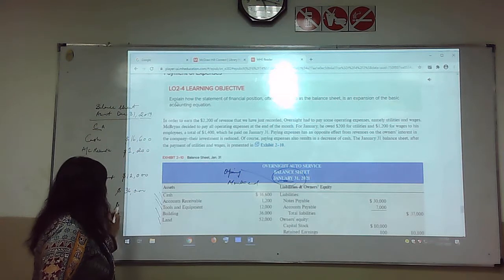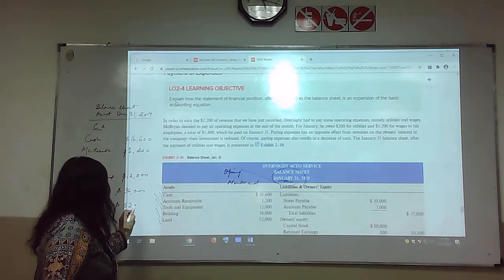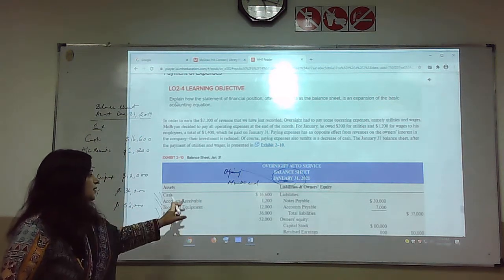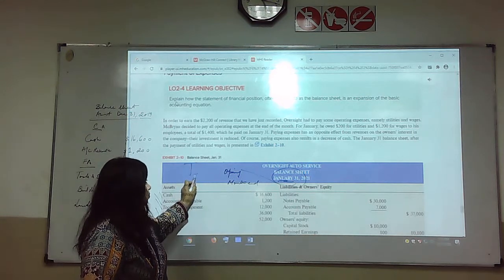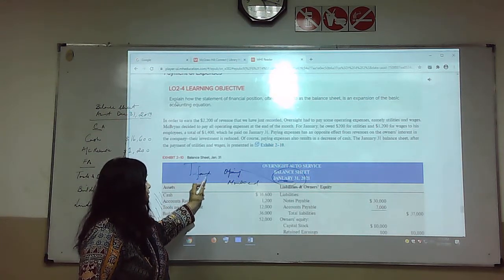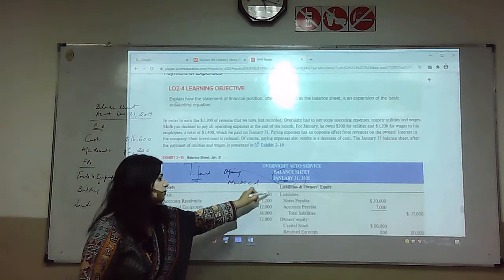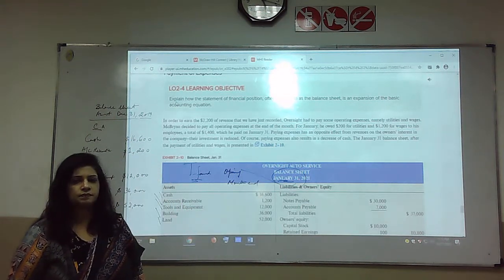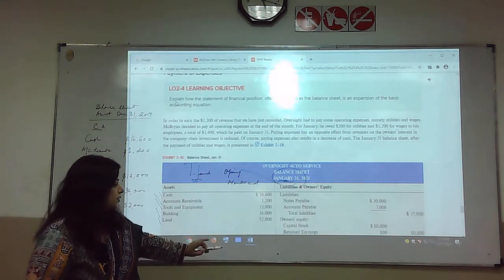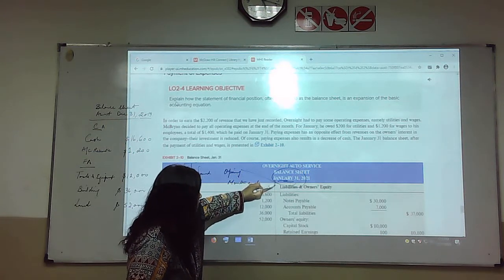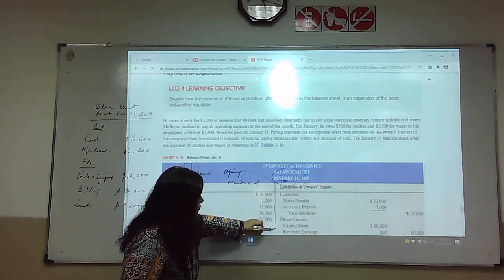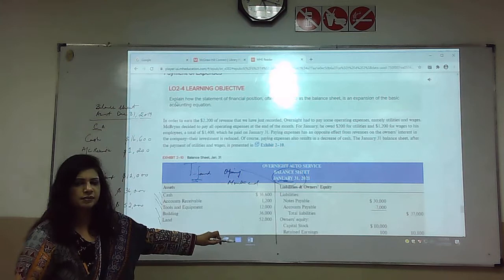So we have $52,000. Now notice that this is the T format, and in the T format, we usually have an imaginary line placed in the middle. If you can't see the line, I'll just have to darken it a bit. Now I hope that you can make it out.